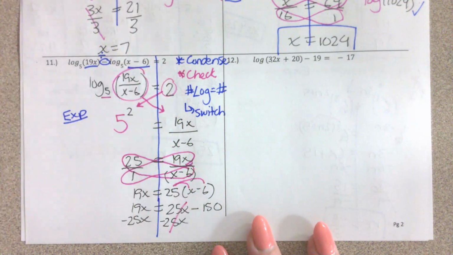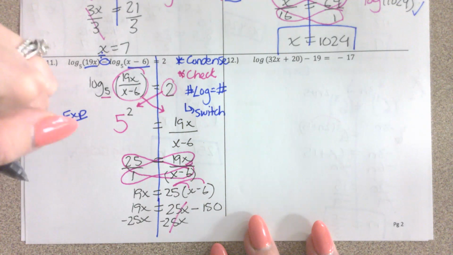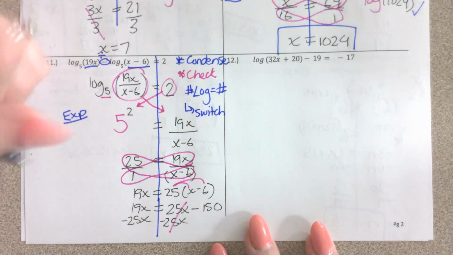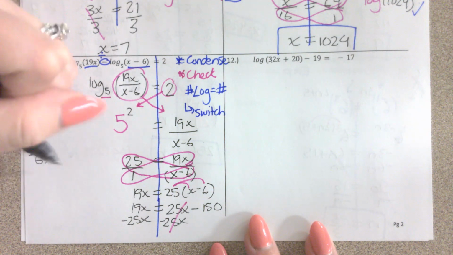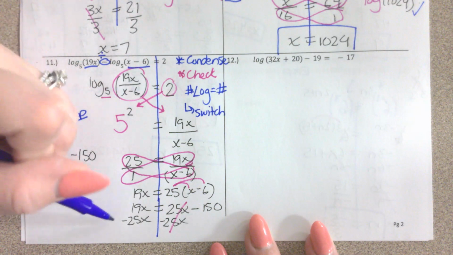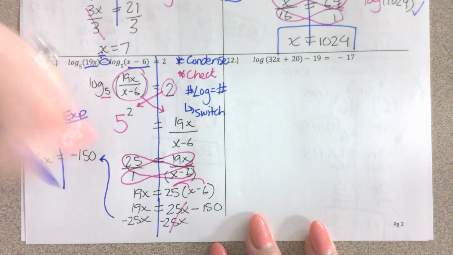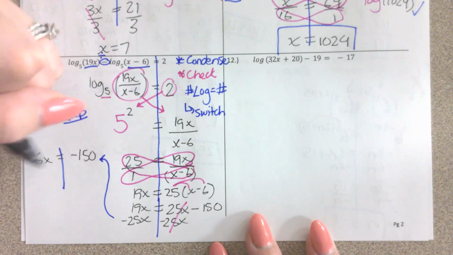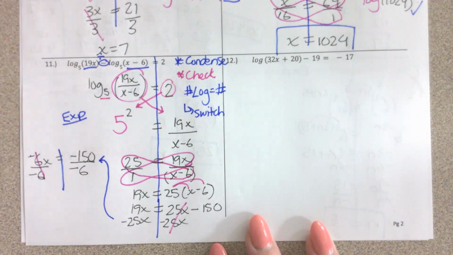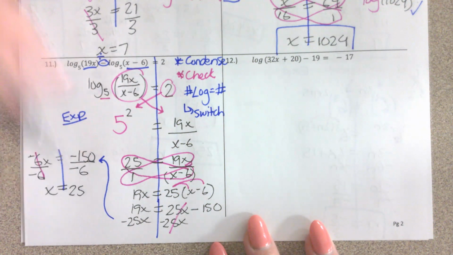Twenty-fives are going to cancel. And I have just a little bit of space left, so I'm going to come back up here to finish the problem. 19 minus 25, that's negative 6x equals negative 150. And one more step to solve. Divide by negative 6 on both sides. Those will cancel. X equals positive 25.